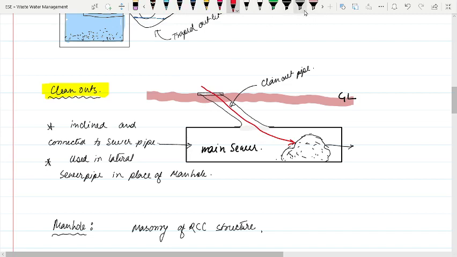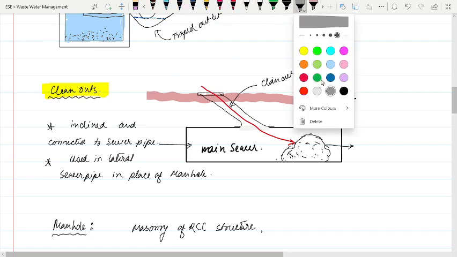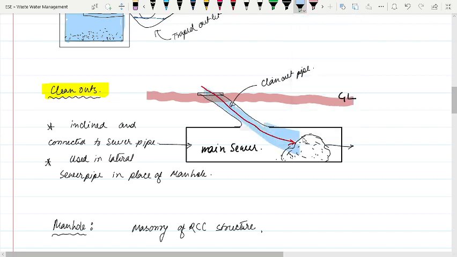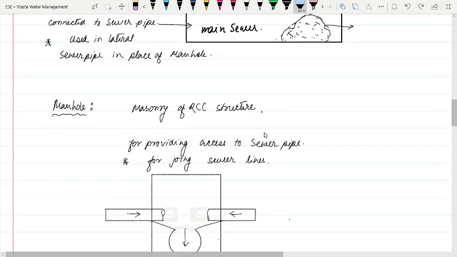If we send water at high pressure through this cleanout, what will happen? Water will come and push these particles through the main sewer, and thus the clog will be opened. So these are our cleanouts. They are sometimes used in place of manholes.